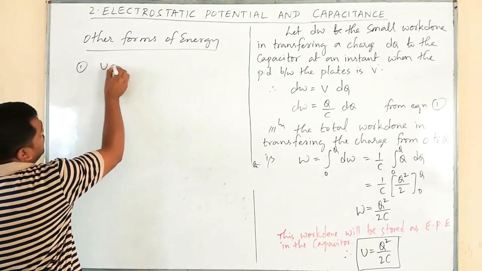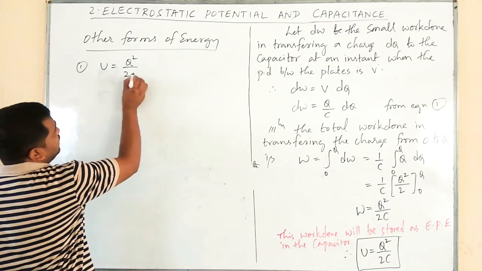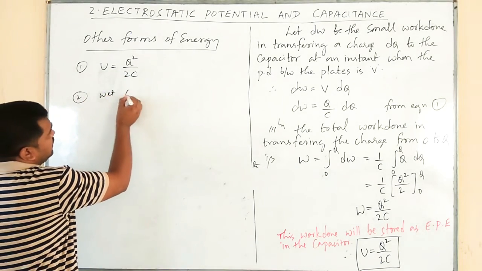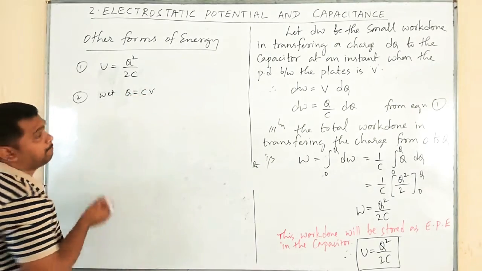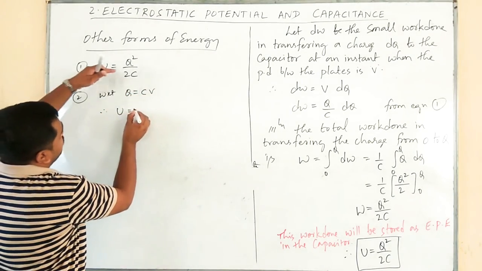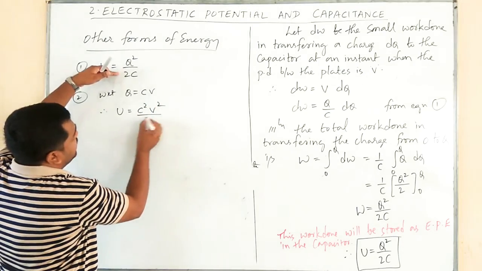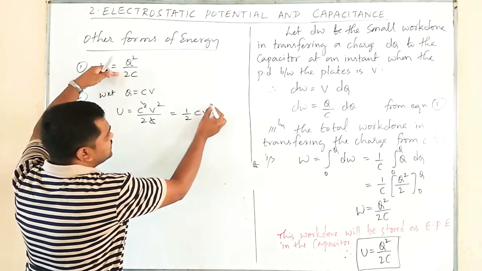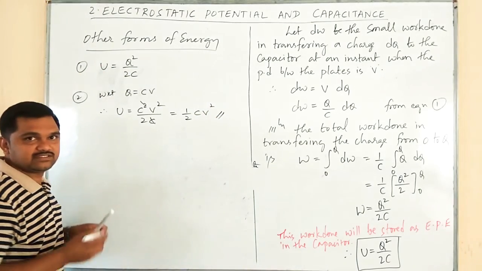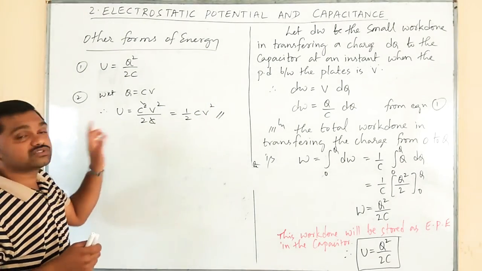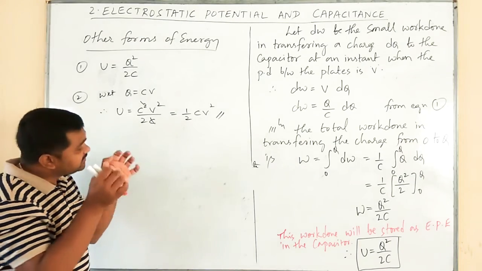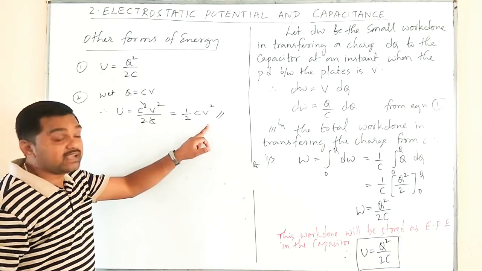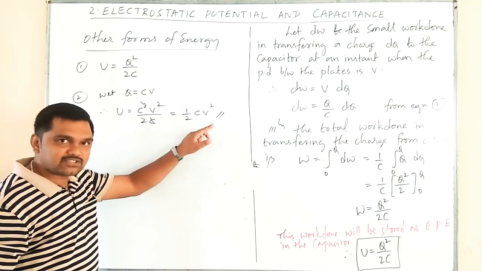First one, as you know, U is equal to Q square divided by 2C, and for the second form, we know that Q is equal to CV, therefore U is equal to C square V square upon 2C. C cancels and it gives you half CV square, isn't it? Since it is an electrostatic potential energy, a stored energy, we are getting half CV square. In the case of a spring, half K x square.